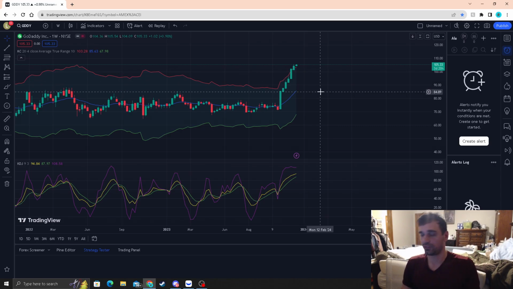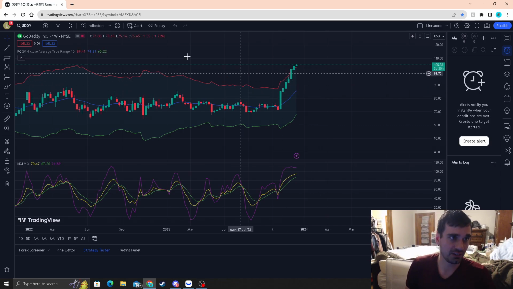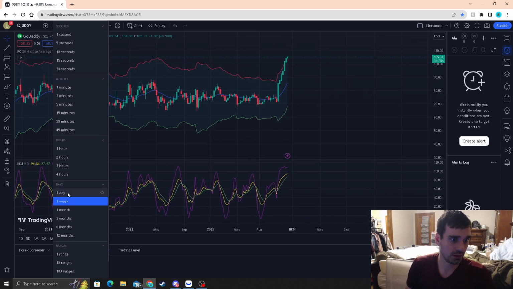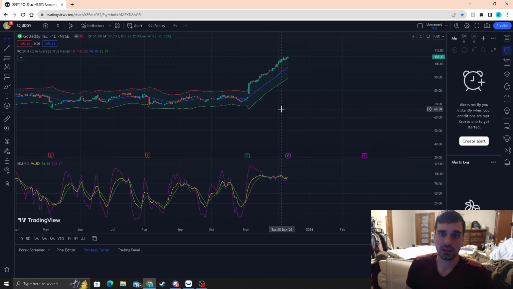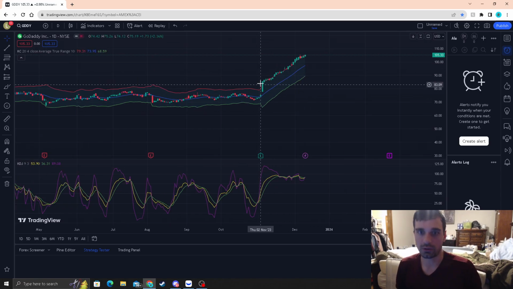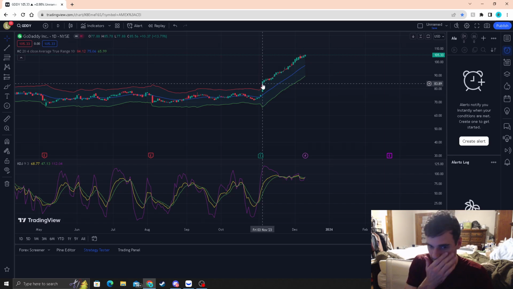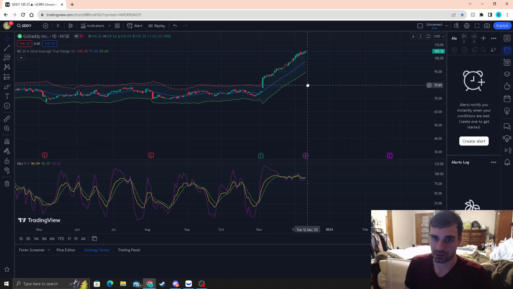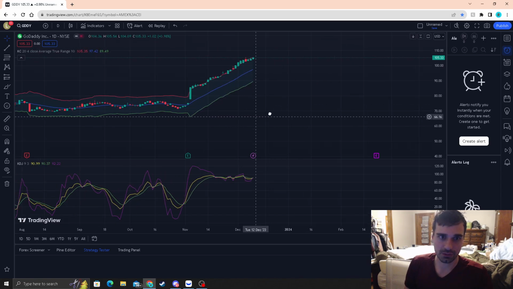That's just a confirmation. Now to get a precise entry, you want to change your time frame and go to daily. The daily has been over the band since Friday, the 3rd of November, so it's been over the band a while, but on the weekly, we didn't get a confirmation till the $101 area.